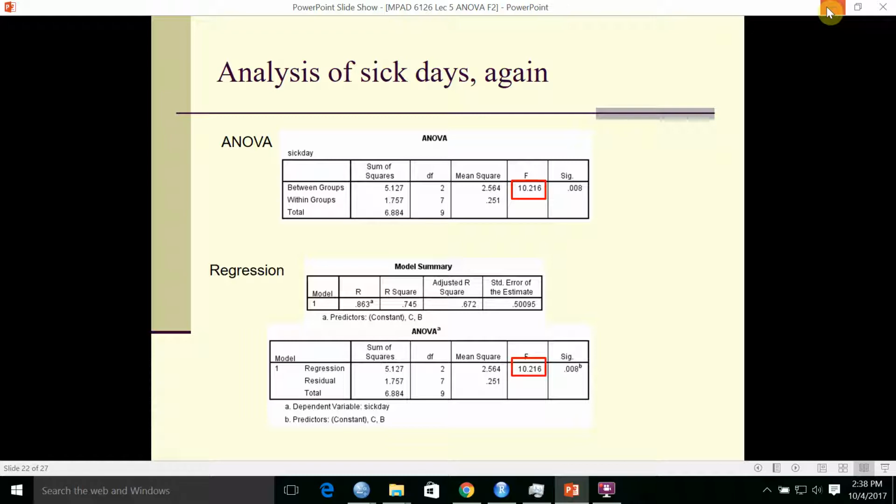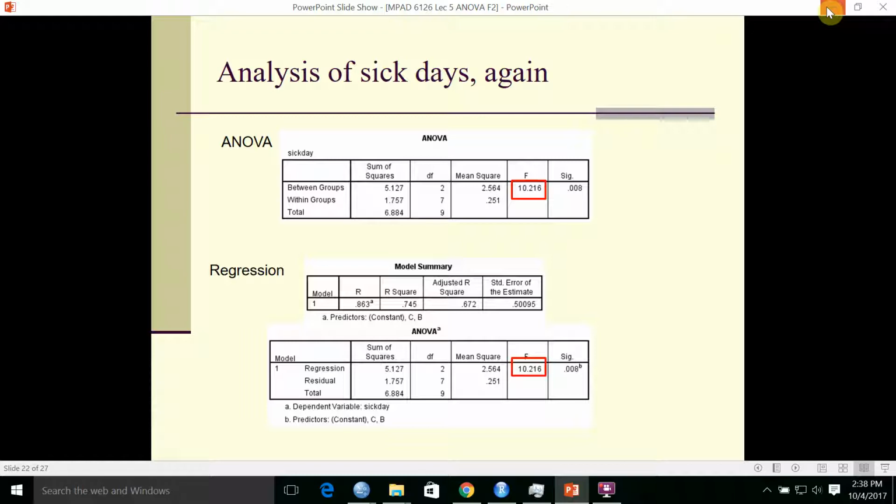I also show something that kind of is going to tip my hand to the fact that regression can also do the same sort of thing, and it has the F test in it.